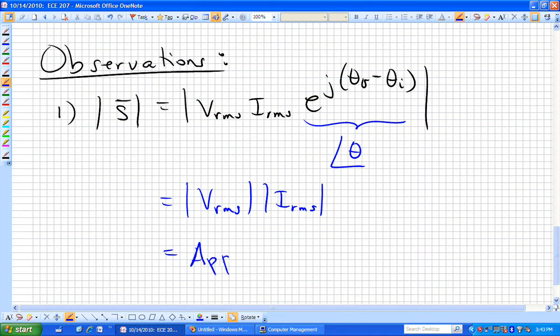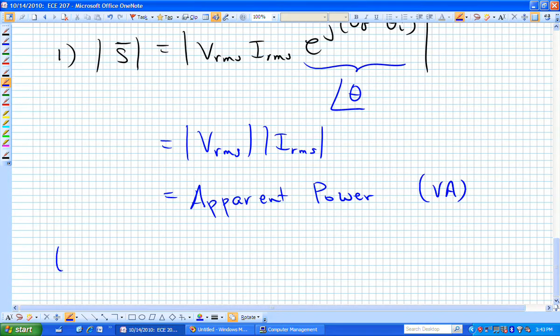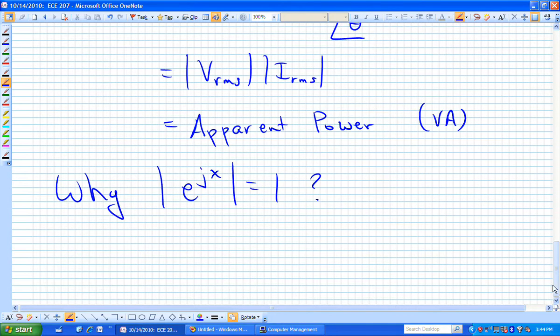Let me say this is what we call the apparent power, and then I'll go back and try to answer the question of why the magnitude is equal to 1. Is that your question? Where x in our case is this theta sub v minus theta sub I. I'm thinking that you all are okay with writing this cosine x plus j sine x.